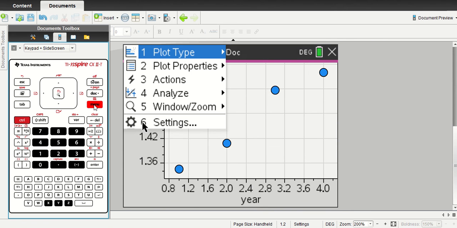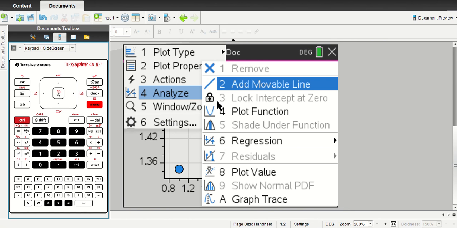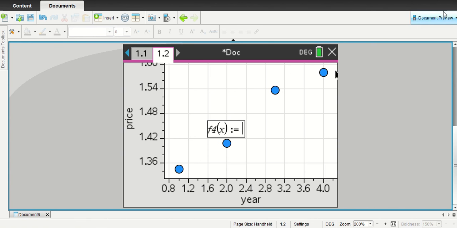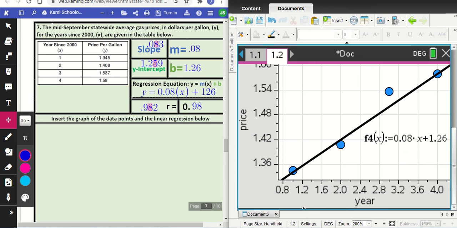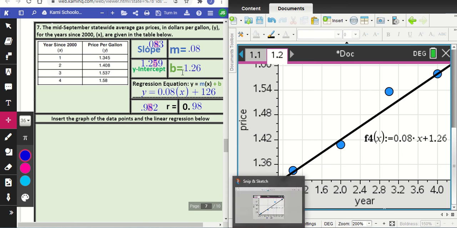So menu, analyze, plot function. And the function I want to plot is our linear regression equation. So 0.08x plus 1.26. And that's the picture that I want to put in my document.